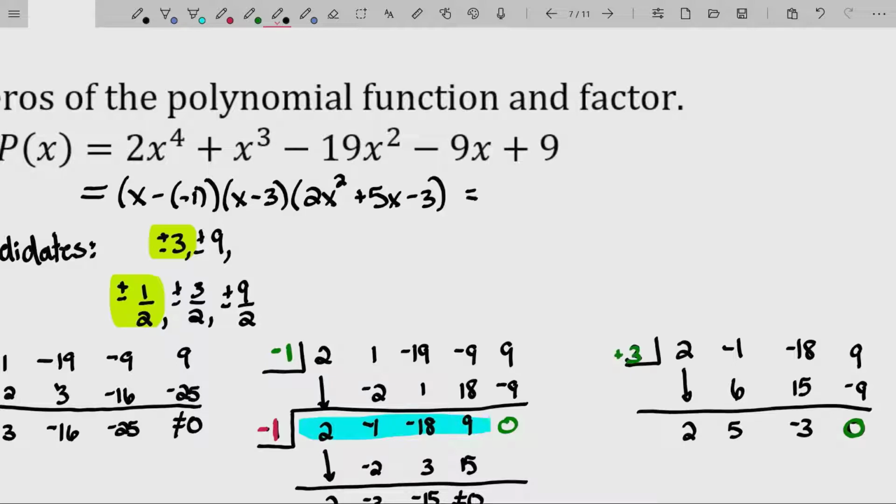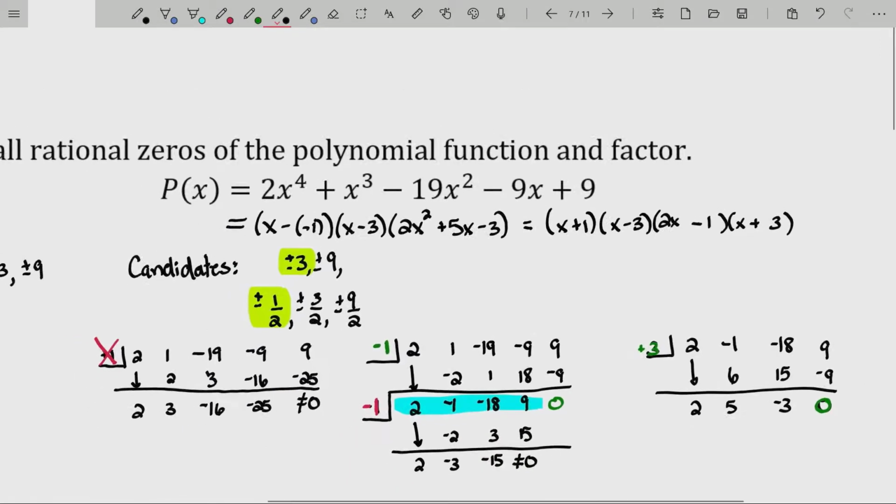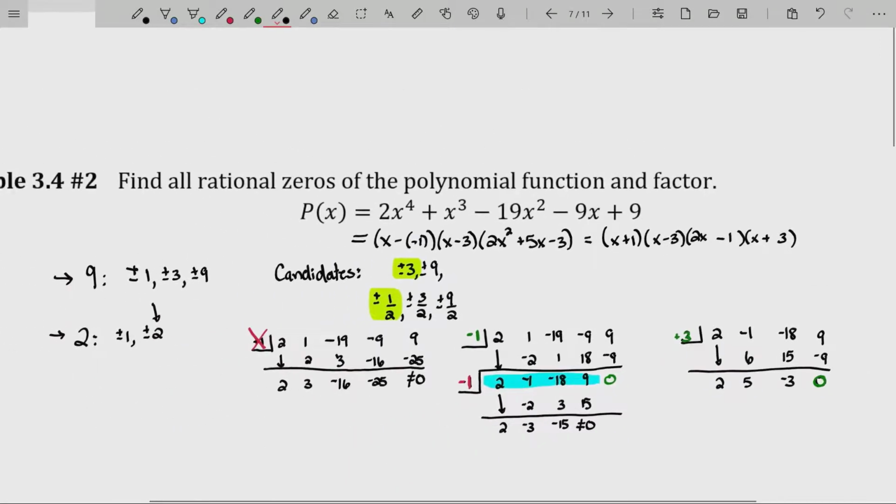So this is going to be x plus 1 times x minus 3 times, and then this will be a 2x. I'm just doing a guess and check method. Let's see, I need a 3, so let's make this a positive 3, and a minus 1. Let's double check that. That'll be negative 3, positive 6, minus 1. Yep, that works out. So that is how that polynomial function factors.